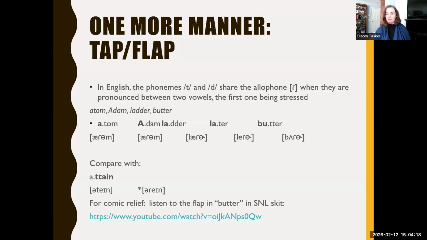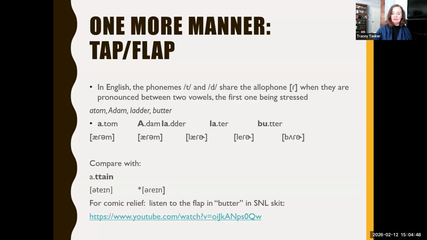So it could be represented orthographically in spelling with two Ds or two Ts, not always. Sometimes it's a single letter, but often it's two letters. If you want to have some comic relief, you can watch this Saturday Night Live skit, in which they constantly use the word butter, and you hear the flap.